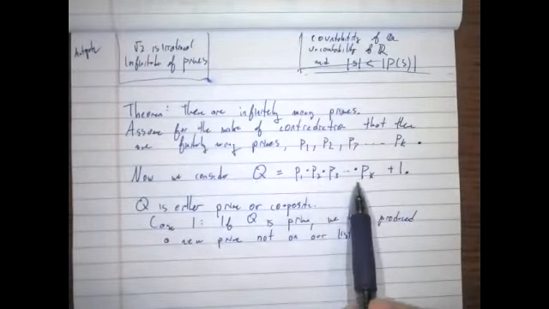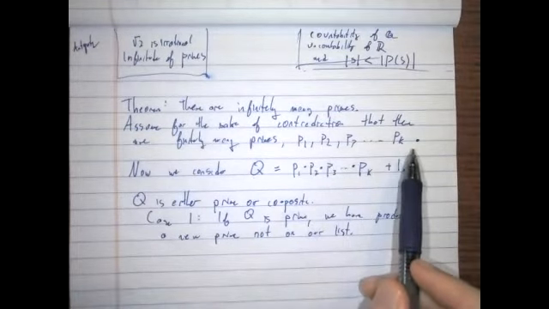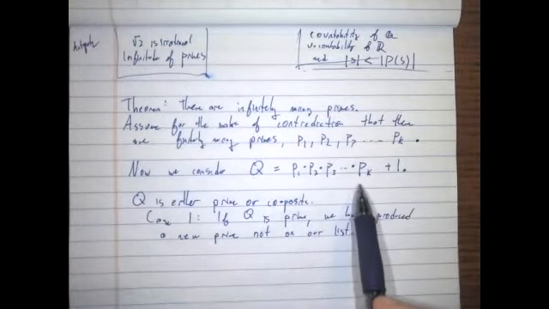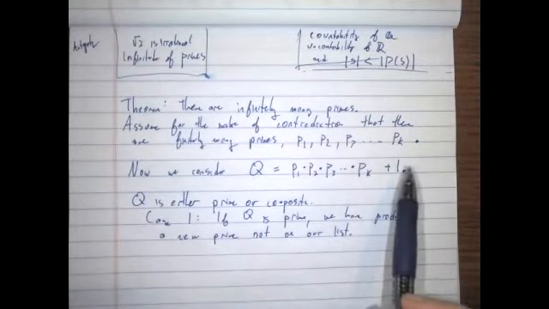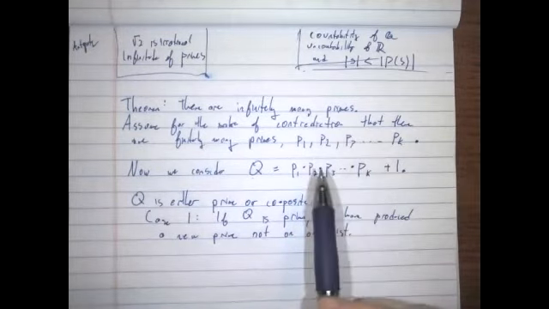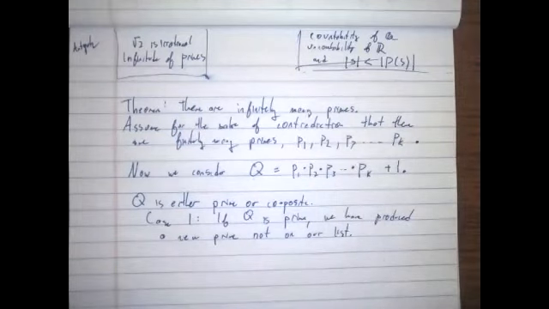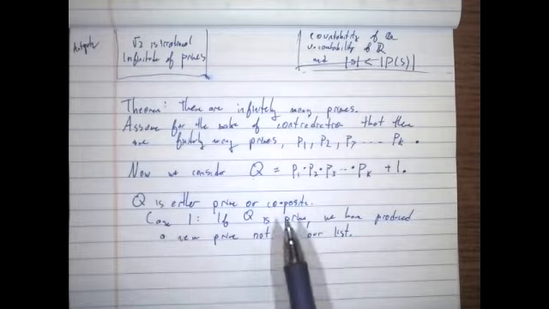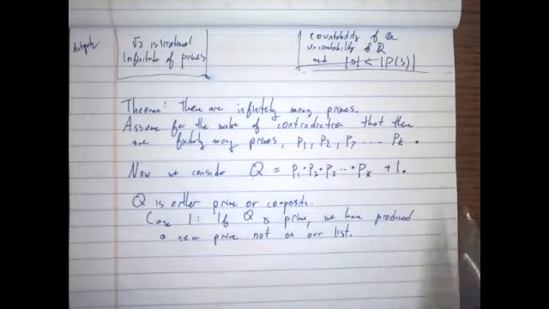Because Q is certainly bigger than any of the P1 through PK, because it's the product of a bunch of all these positive numbers, and then I've added 1. In fact, I don't even need to add the 1 here. If I take the product of a bunch of positive numbers, that product is bigger than any of the individual numbers, right? So if Q is prime, then Q is a prime which is not on my list of finitely many primes. Do we agree?